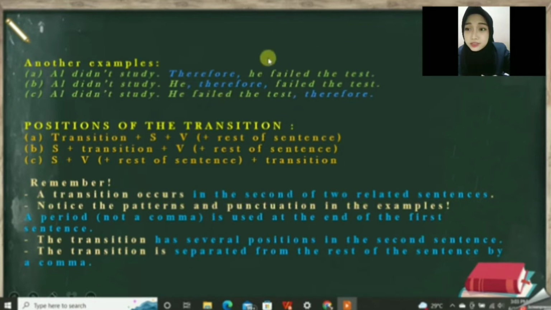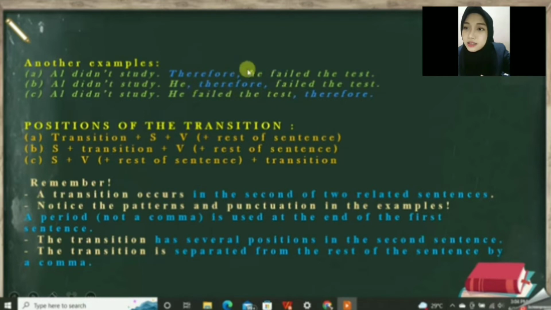And you also have to pay attention to the patterns and punctuation. Like a period is used at the end of the first sentence here. And we do not use a comma, okay? We use a period at the end of the first sentence. And since the transitions here have several positions in the second sentence, you have to separate them from the rest of the sentence by using a comma.